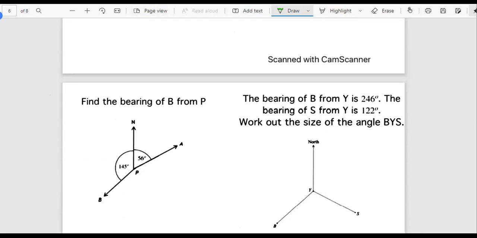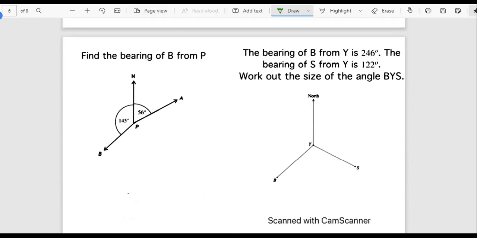And now let's talk about this question. Okay. So it says, find the bearing of B from P. We have two separate questions. Let's talk about this one first. All right. So we need to find the bearing of B from P. So from P means we are going to make north on P. We already have that.